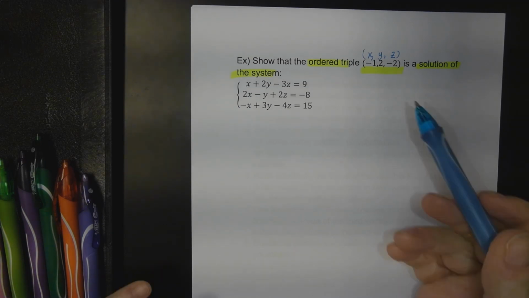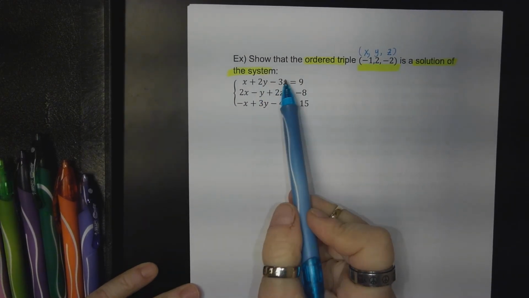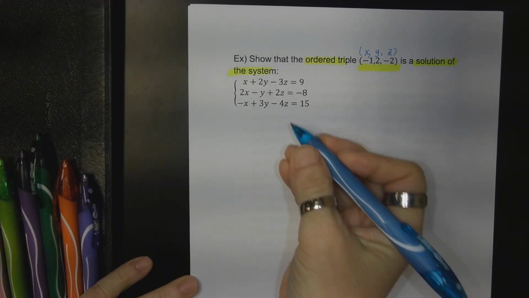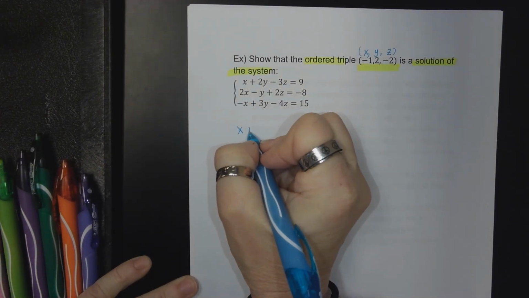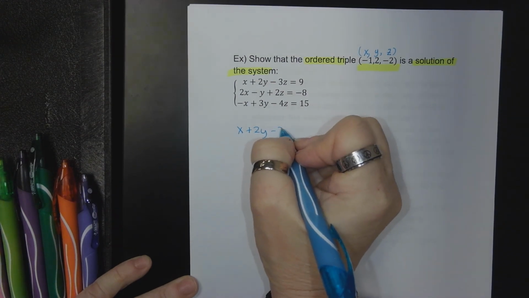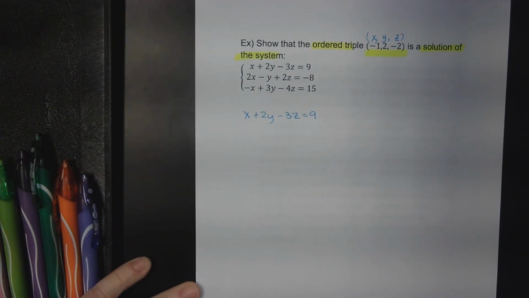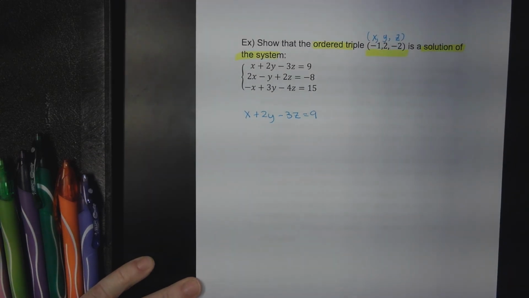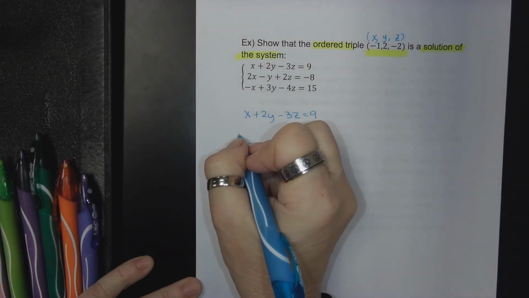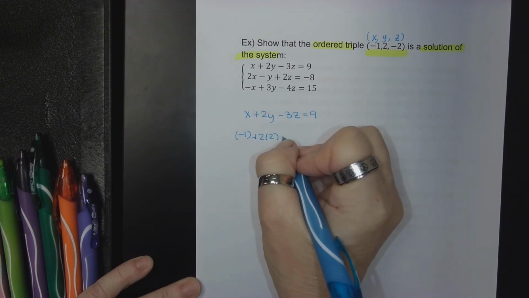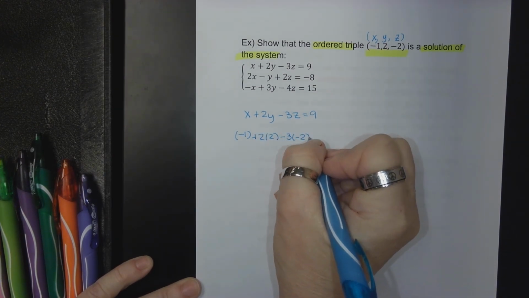So what we're going to do is take each of these and plug it in to each one of these equations. So let's start with the first one, which is x plus 2y minus 3z equals 9. So we're going to plug this in. It's going to be -1 plus 2 times 2 minus 3 times -2.